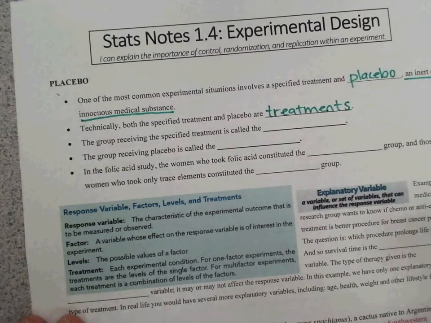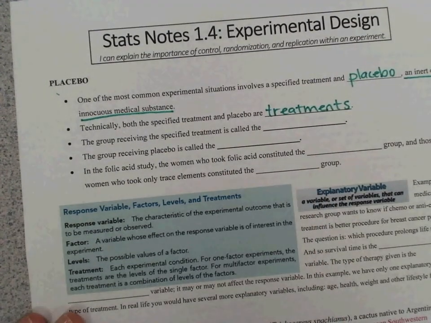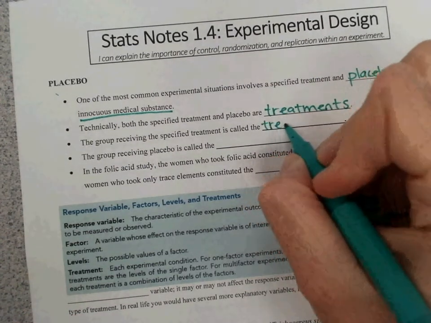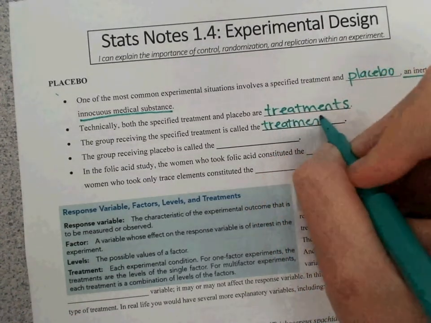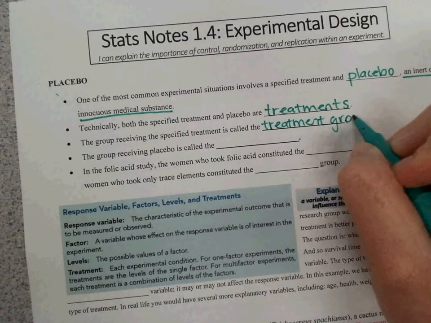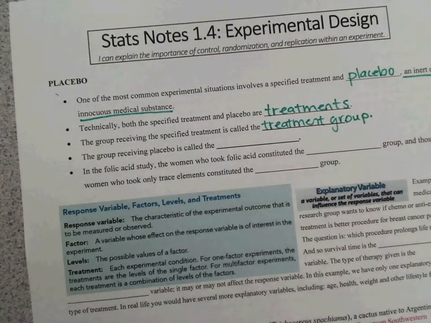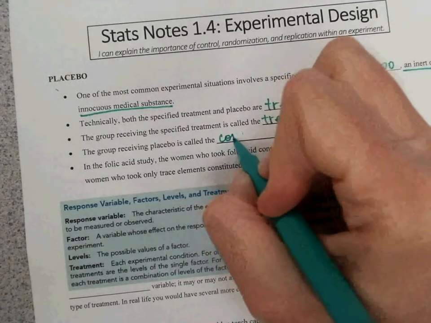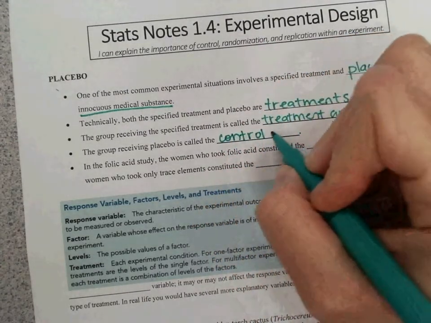The group receiving the specified treatment is called the treatment group. The group receiving the placebo is called the control group.